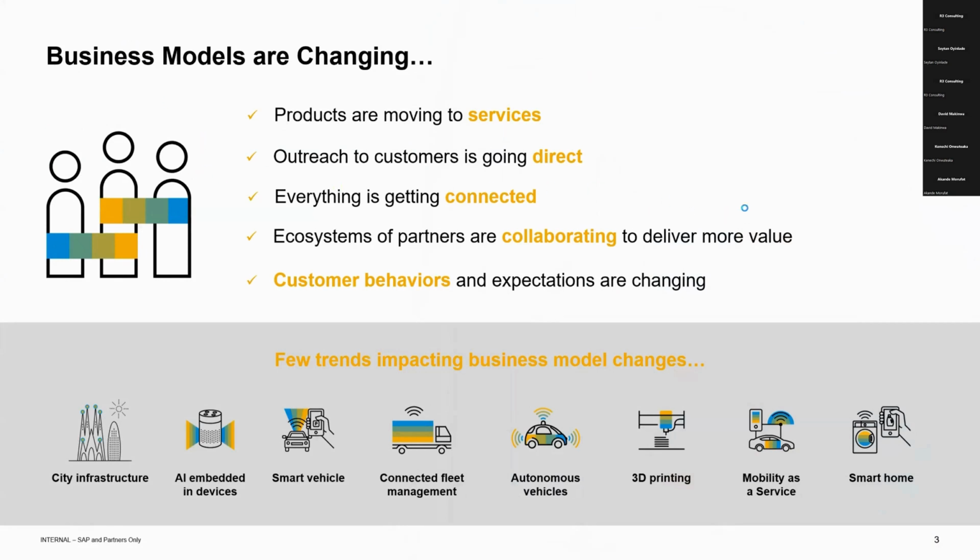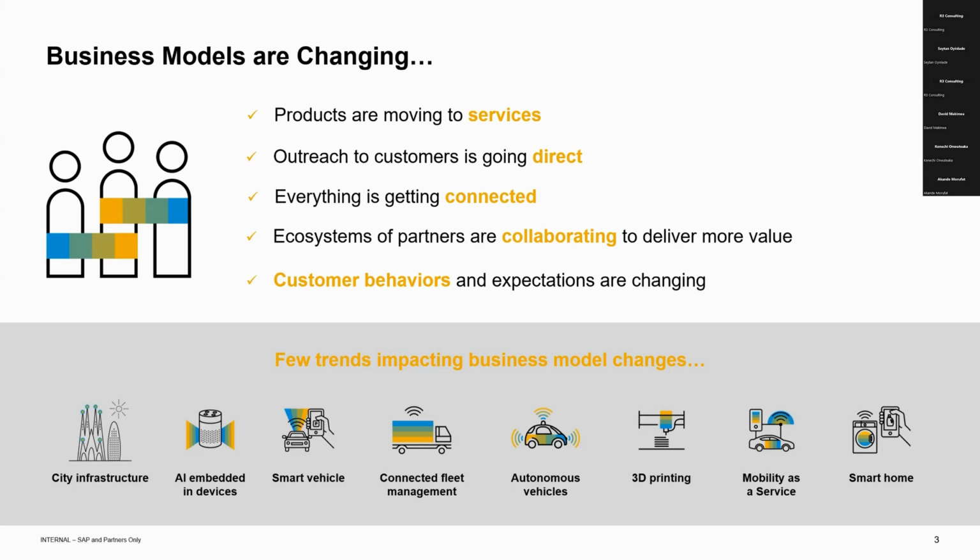If you look at what is changing business models globally, a lot of companies are moving away from being just product-based to service-based. Also, a lot of companies are cutting out the middlemen and selling directly to customers, so the distribution chain is becoming leaner.